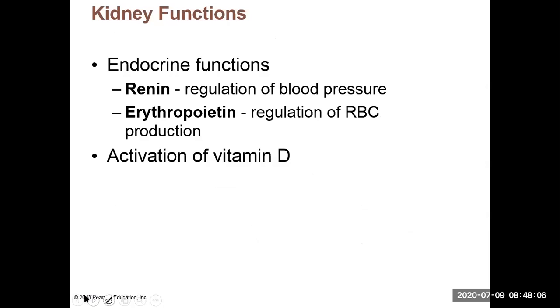Another type of function is the endocrine function. As you know, the erythropoietin or the EPO, we discussed this already. It triggers the bone marrow to release more red blood cells, especially when your red blood cells are lacking or you need oxygen. We went over this quite a bit in a previous lecture, so look at it. And we mentioned that the EPO is generated mostly by the kidneys.